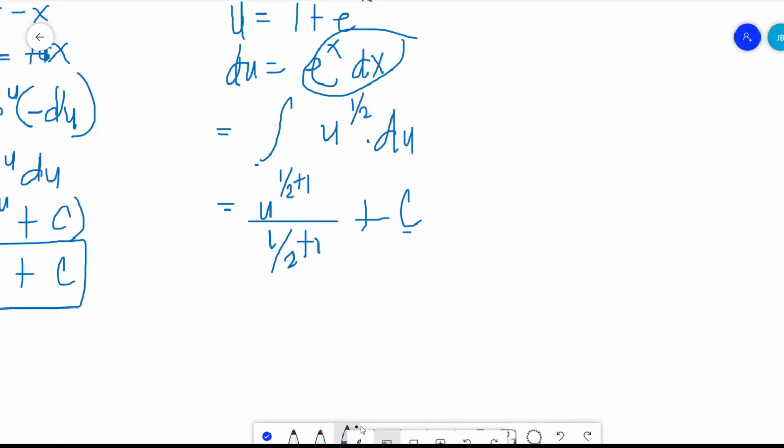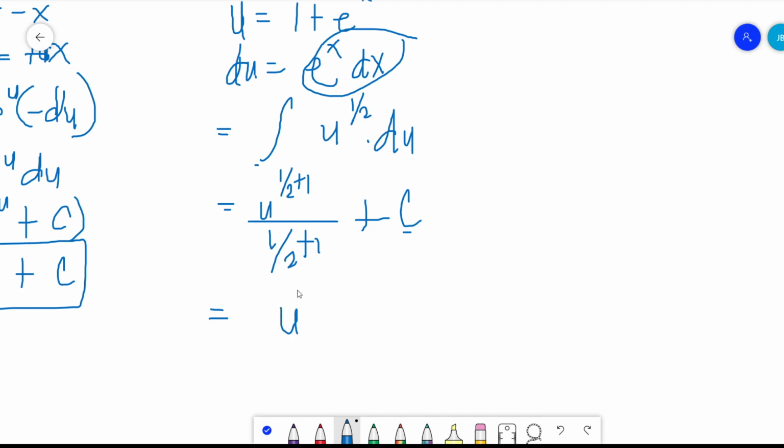So let's follow some steps here. That would now be equal to u raised to 1 half plus 1, and 1 half plus 1 is 3 halves, correct? So that's u raised to 3 halves over 3 halves plus c.